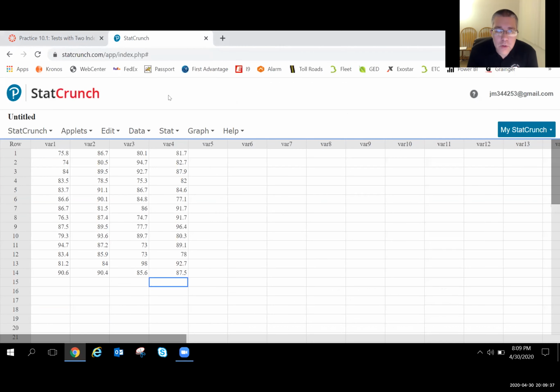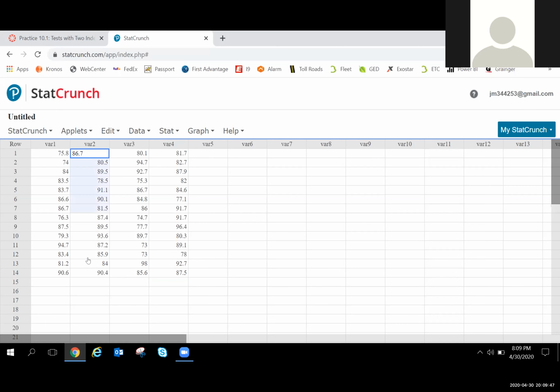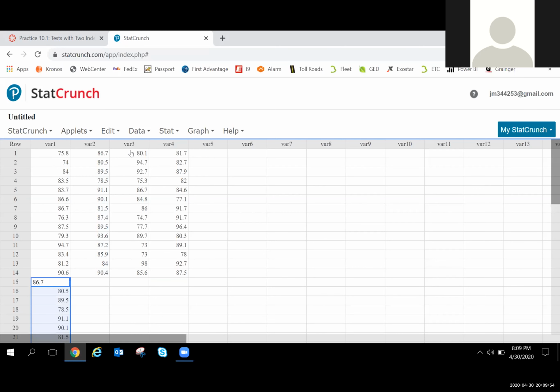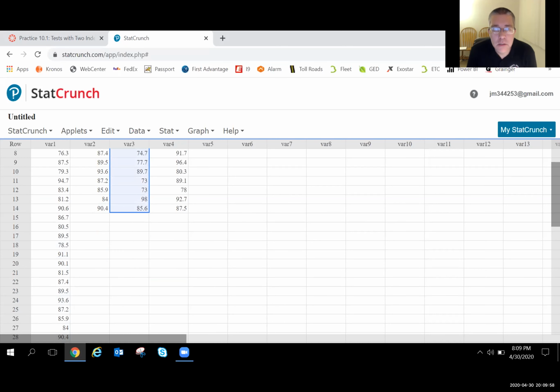Unfortunately, you're going to need to copy and paste the second row. Highlight the second row and put it down here and then pull it. Yeah, exactly. Because it needs to be all one team. Does that make sense?